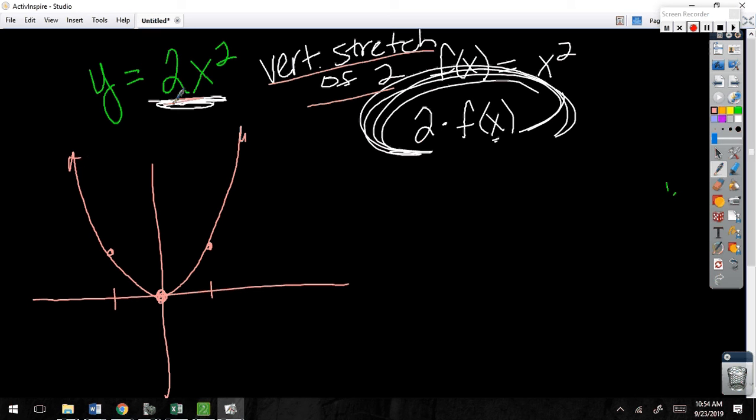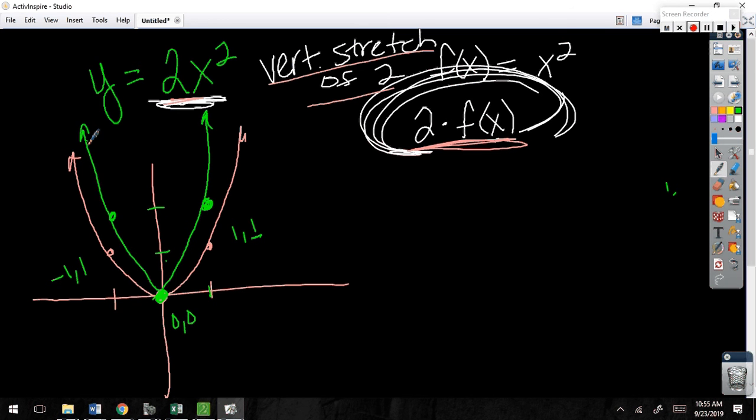This is saying every y, because y is f of x, every y is doubled, right? 0 times 2, this is 0, 0, this is 1, 1, this is negative 1, 1. X stays the same, but y doubles for this transformation, right? 0 times 2, okay? 1 times 2 is 2. Negative 1 times 2, right?